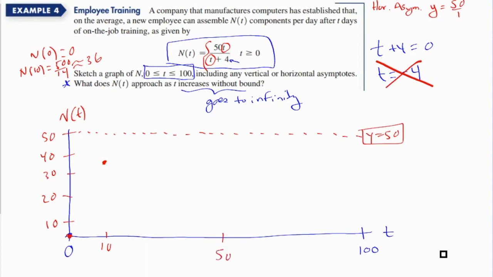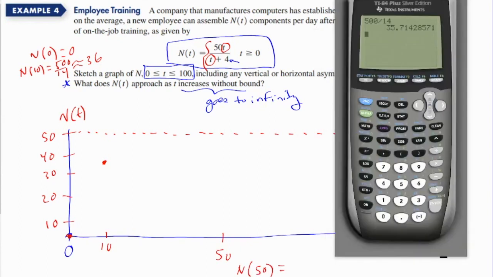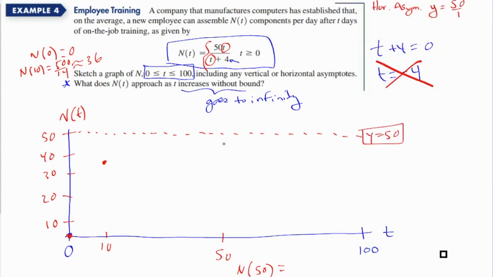Let's jump to 50 days in. And a 50 would give us 50 times 50 in the numerator and 50 plus 4 in the denominator, and gives us 46.3. So approximately 46.